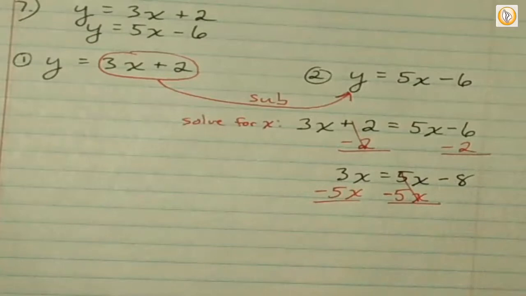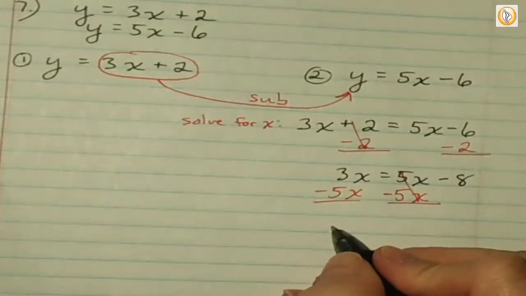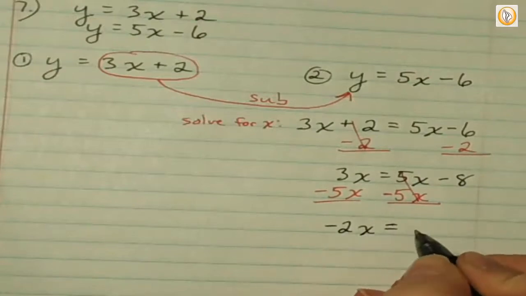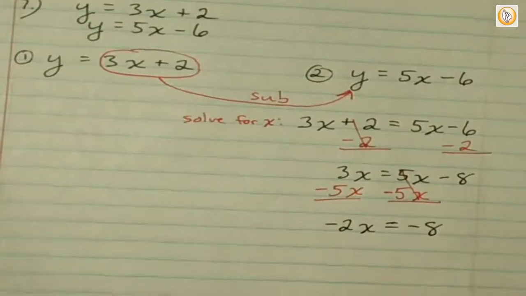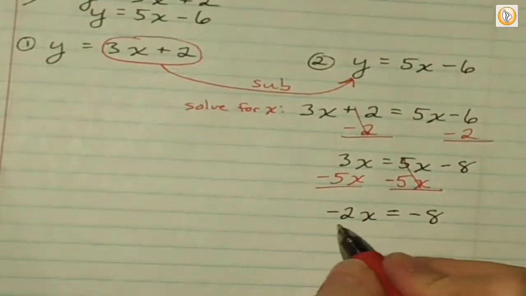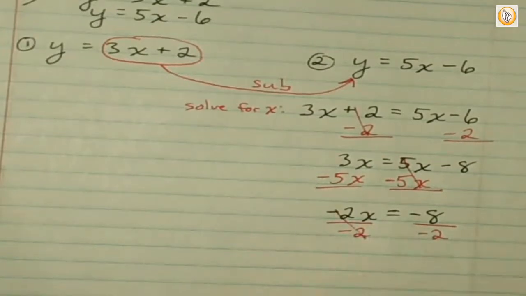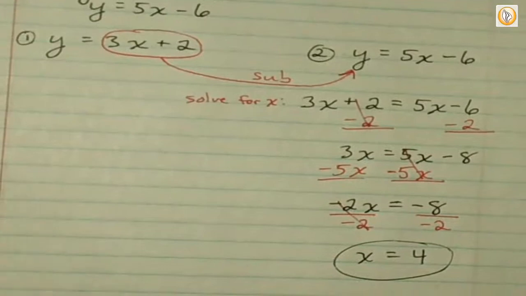And what do you get? Equals. Very good. Now what do I do? And what do you get? Very good. So now we know what x is. It's 4. Does everyone see that? Miranda, do you see that?